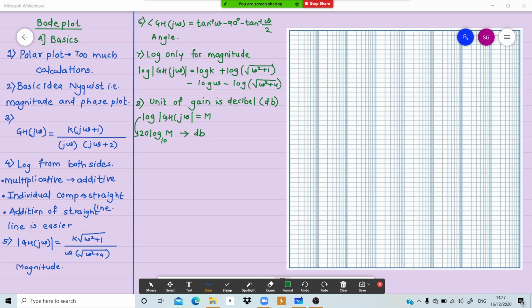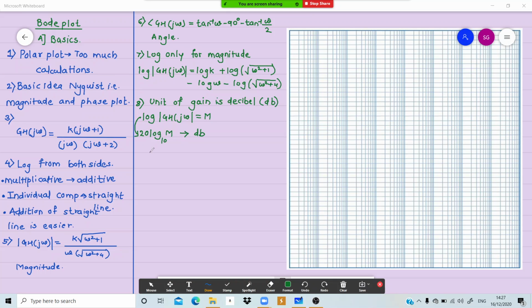Now you may say log was sufficient. What is the need to multiply it by 20? And what is the need to take the base 10? You may have e or any other base that will also do the work for us. Why are we following decibel? Because Bode followed it. Why did he follow it? Because this is a very well known unit used while taking log for sound waves and in communication engineering. So he thought of following the same. Why go for any other unit?